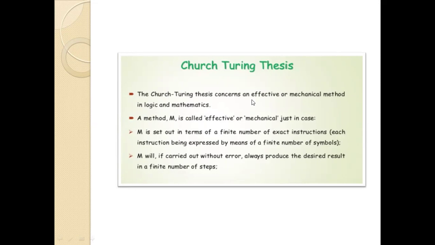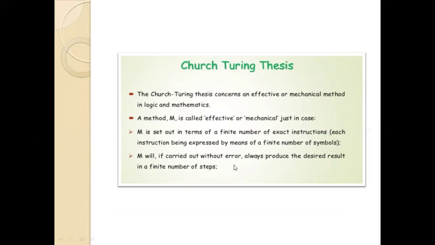This thesis concerns an effective or mechanical method in logic and mathematics. A method M will be called effective or mechanical just in case M is set out in terms of a finite number of exact instructions, each instruction being expressed by means of a finite number of symbols.